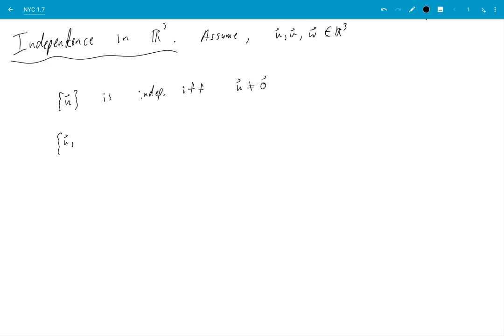Okay, U, V is dependent if one of the vectors, either U or V, is a multiple there.